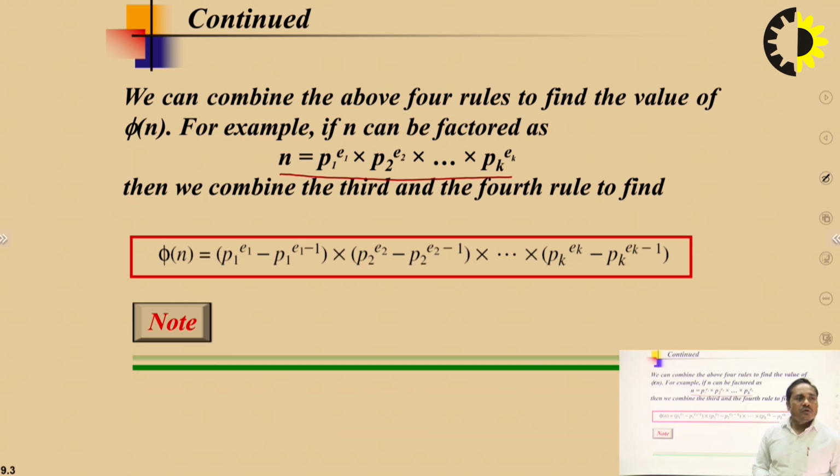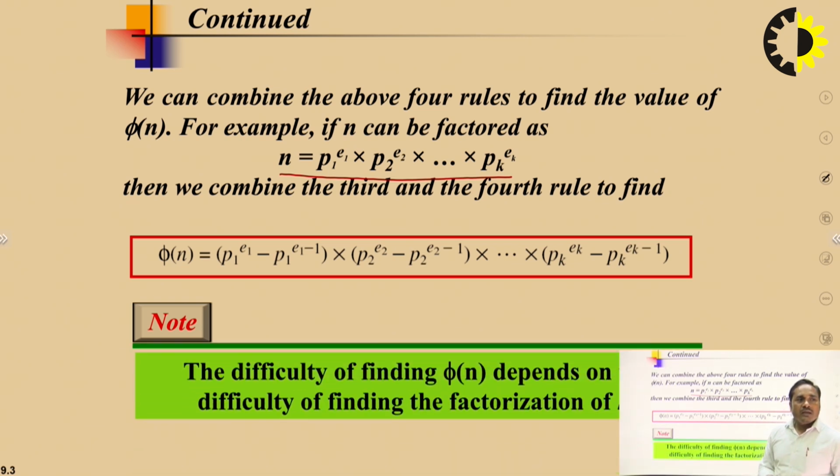Basically, phi(n) you can represent in this form. Expanding the value of phi(n), for p1 raised to the power e1 we write p1 raised to the power e1 minus p1 raised to the power e1 minus 1.